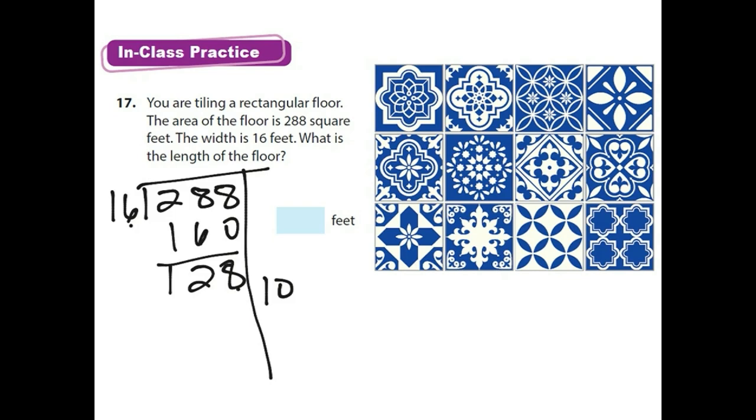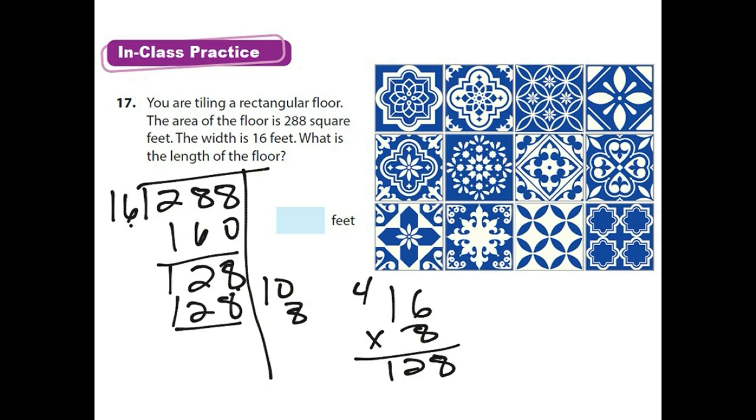Well, 8 times 6 is 48. I'm going to try that, because it's pretty close to 10 times 16. Alright, so 8 times 6 is 48. 8 times 1 is 8, plus 4 is 12. 128. 18. Look at that. So 18 feet.